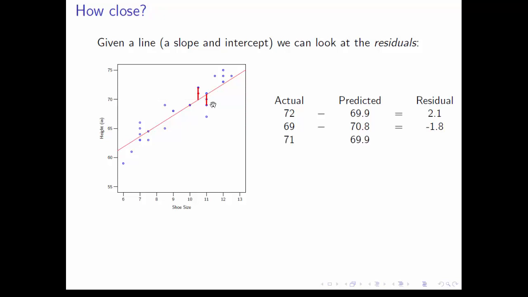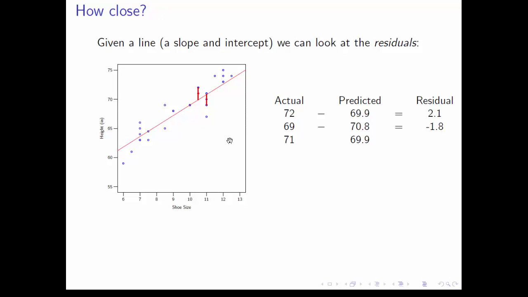Just going a little bit faster, I have another person here, 71 inches, and that actually is right there. It's kind of hard to see, but it's behind that red line. There was a person there who was 71 inches tall. But I would have predicted him to be also 69.9 because they indeed had size 10.5 feet, and for all size 10.5 feet people, I put the 10.5 in the equation, I get 69.9.